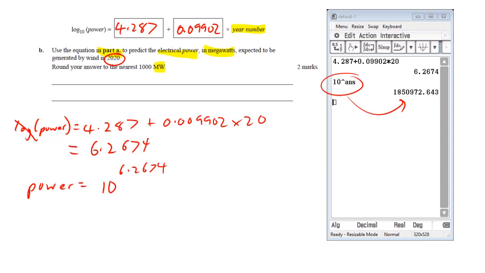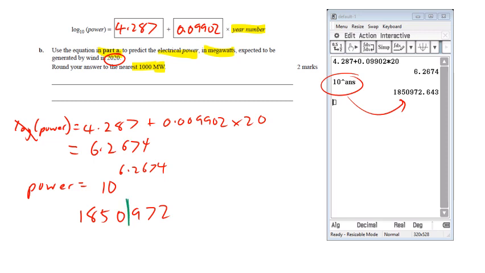So we've just got to remember it also says to round to the nearest 1,000 megawatts. So if we look at that number, that is 1850972. Let's not worry about the decimals. Nearest 1,000, well, the thousands column starts there, right?